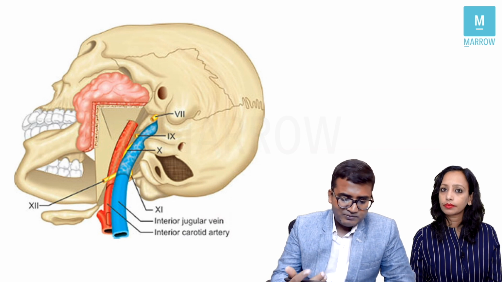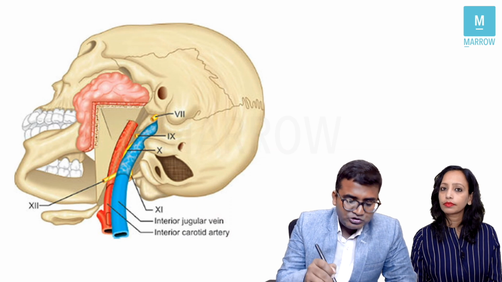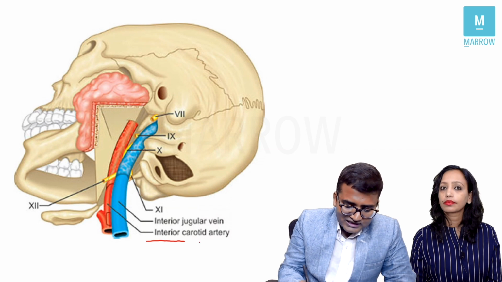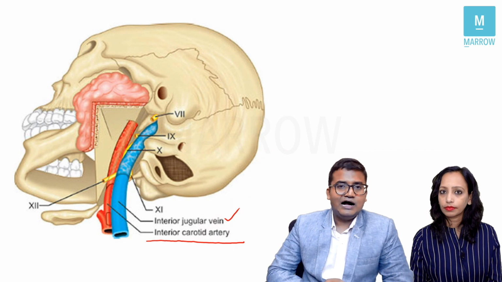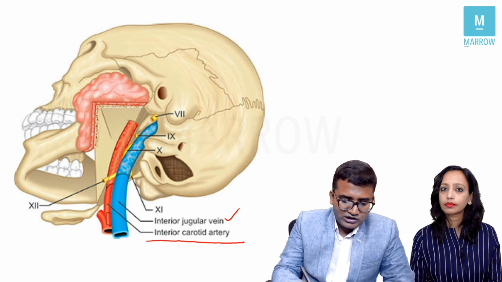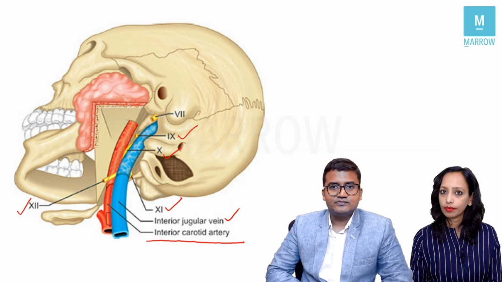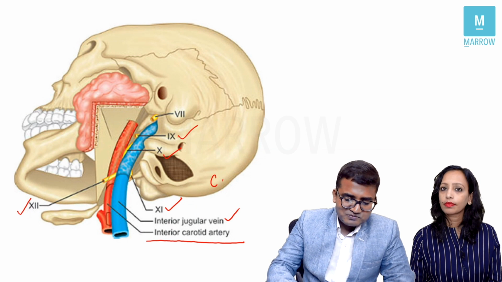In the post-styloid or posterior part, we see the neurovascular structures. What are those? The internal carotid artery, the internal jugular vein, and the last four cranial nerves: 9th, 10th, 11th, and 12th nerve. And we also see the cervical sympathetic chain.